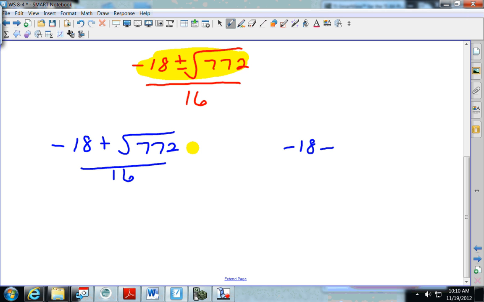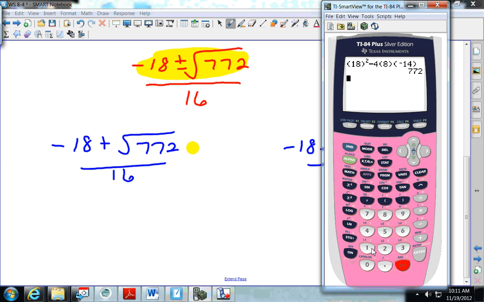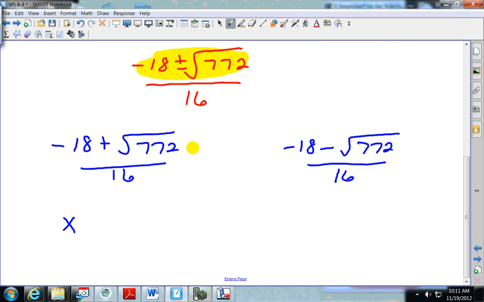So I put negative 18 plus the square root of 772, enter, divided by 16, enter. So one of your answers is 0.61. So x equals 0.61. That's the one we saw between 0 and 1.